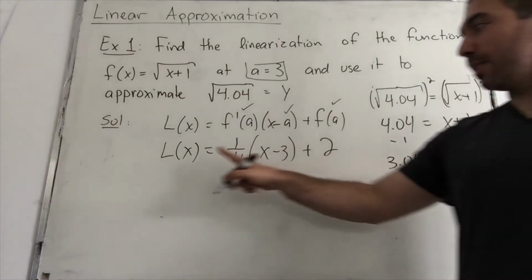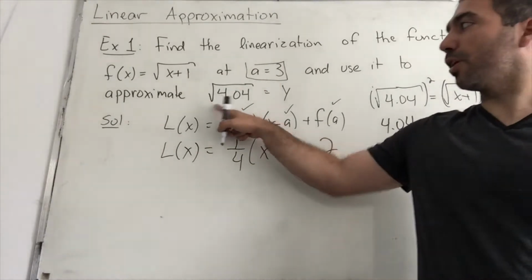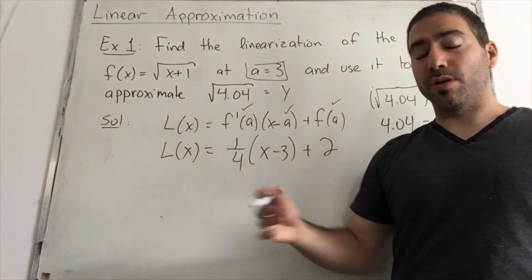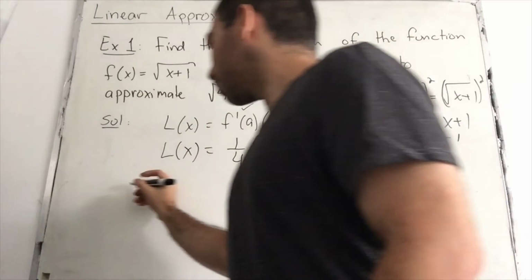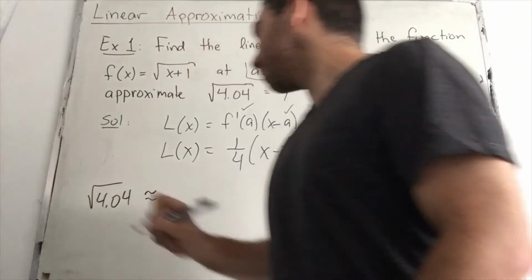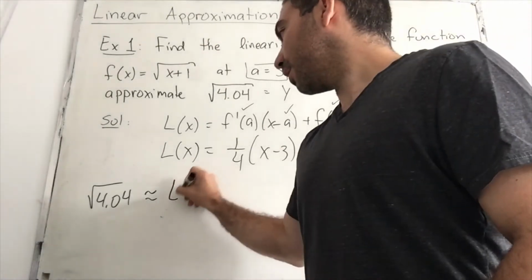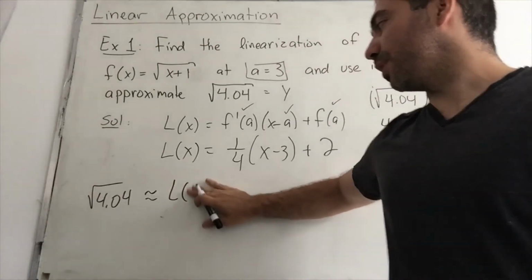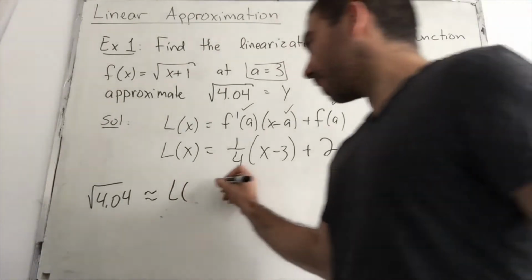So when we plug this in, let's go ahead and find our approximation to the square root of 4.04 without the use of a calculator. So square root of 4.04 is approximately L of, not x, we know the value of x, 3.04.